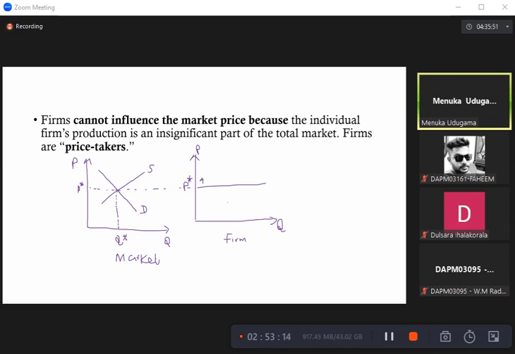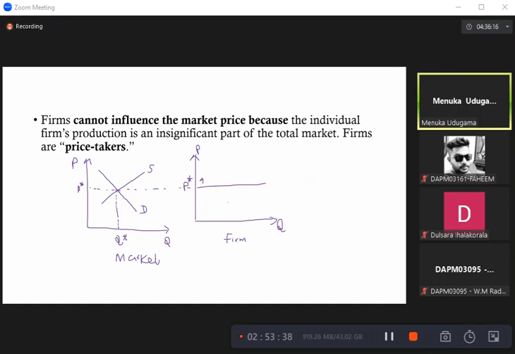So I don't increase the price, or if I reduce the price, of course, that's not going to bring me any additional profit. So I do not change the price. Instead, I maintain the same price decided by the market.